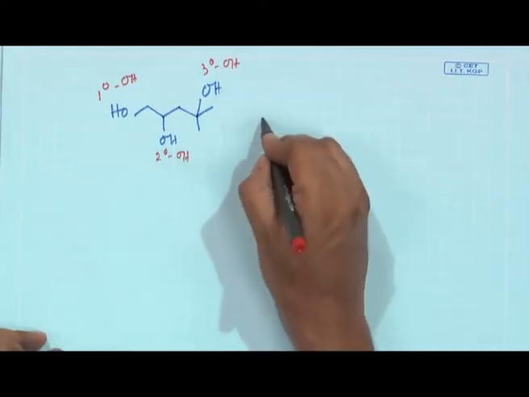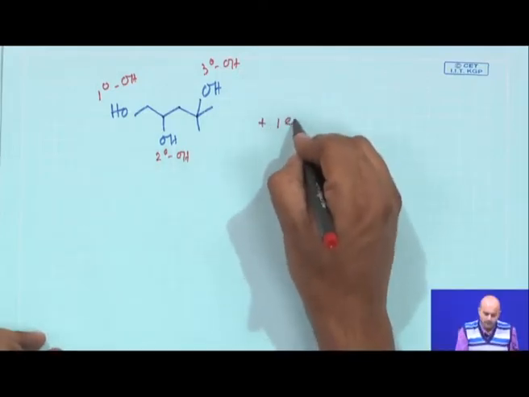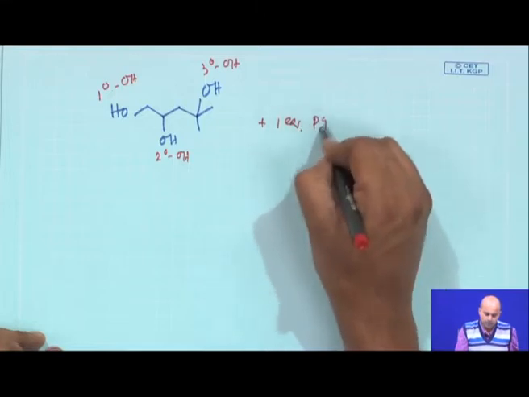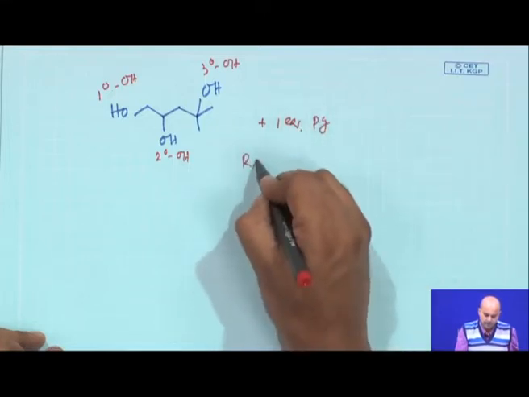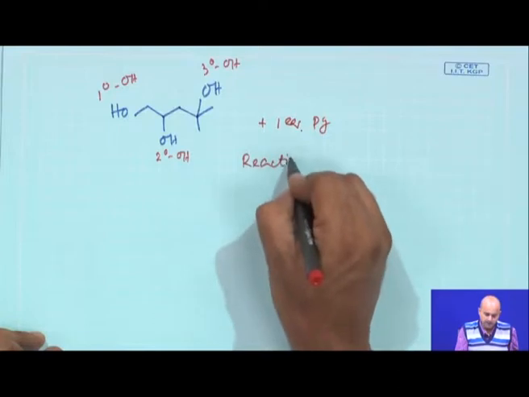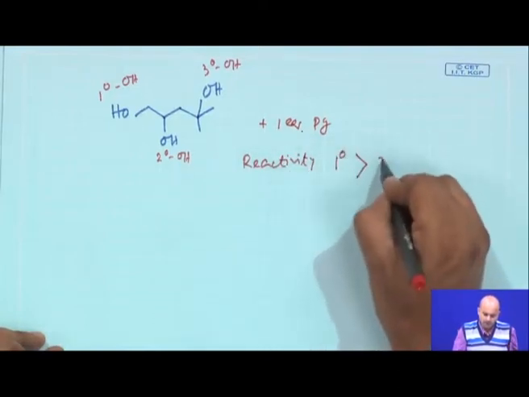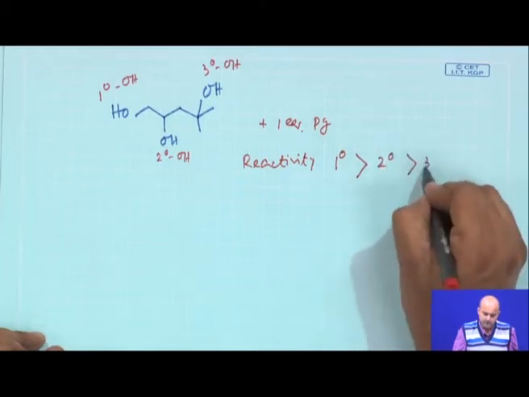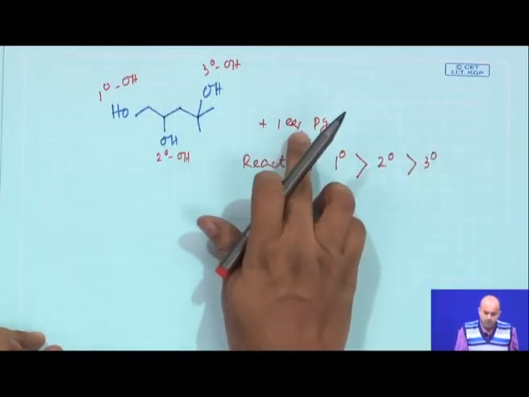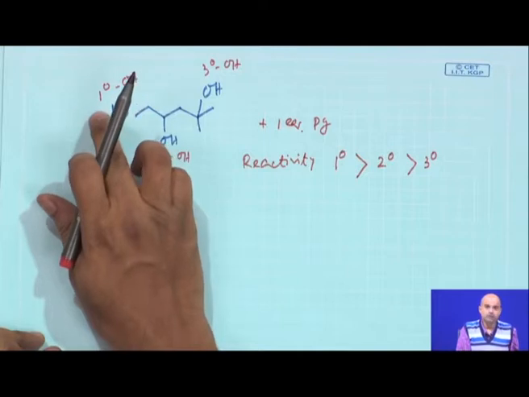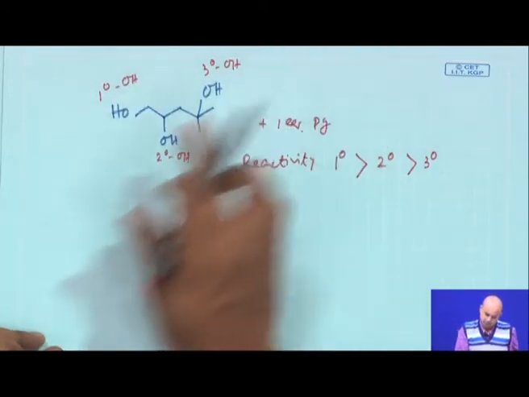So, in principle if you use one equivalent of protecting group, the reactivity pattern is that 1 degree will react first, then 2 degree, then 3 degree. So, if you use one equivalent of protecting group, first the primary will react fast.